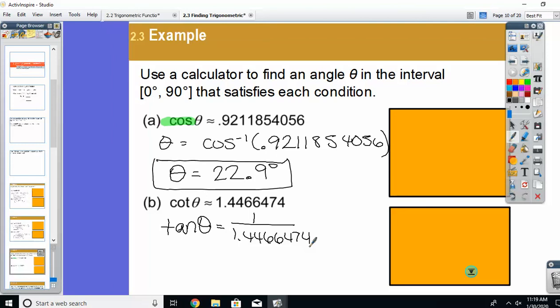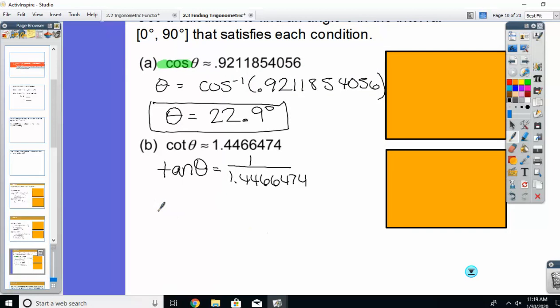So now we are going to do tangent inverse of 1 over the 1.44.